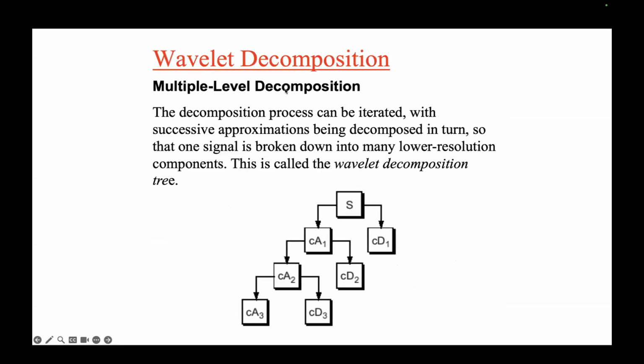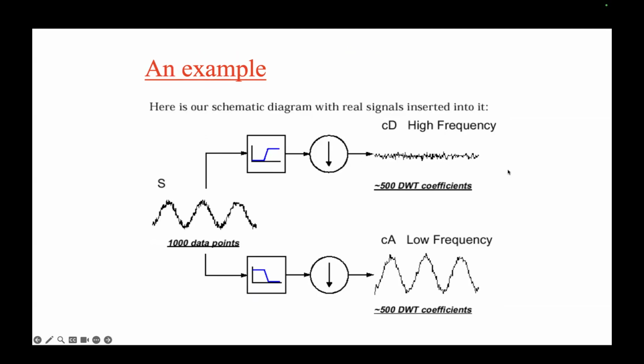Now, what we can do is we can repeat this process, and we get this multiple level decomposition. The decomposition process can be iterated with successive approximations being decomposed in turn, so that one signal is broken down into many lower resolution components. So we have this detail and approximation. After that, we take this approximation signal and repeat this process.